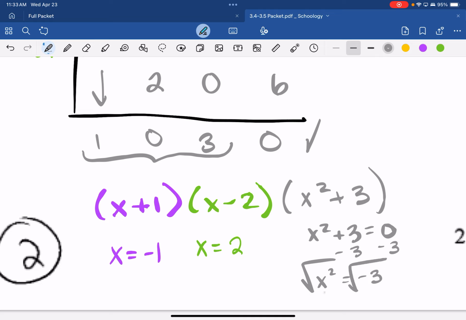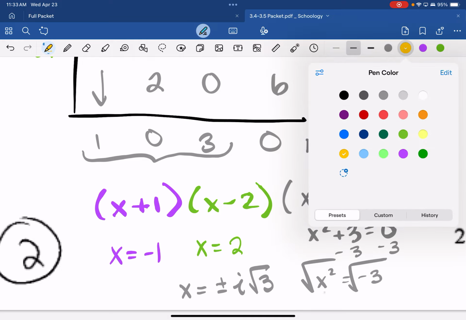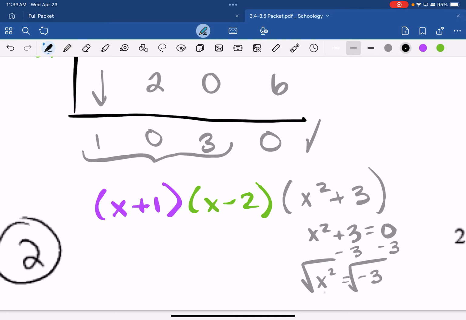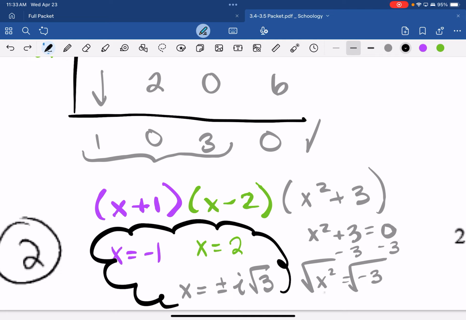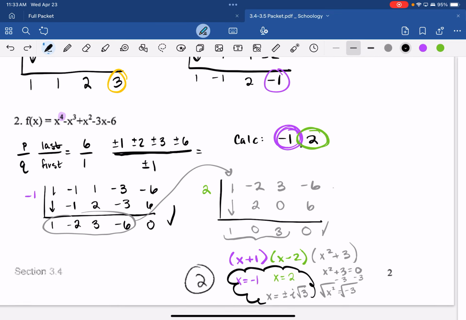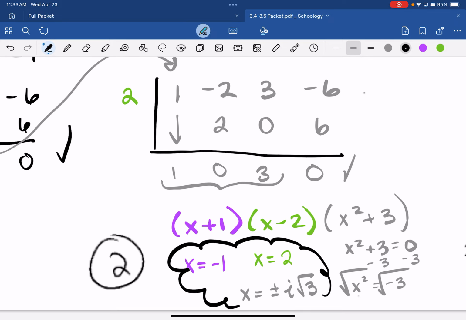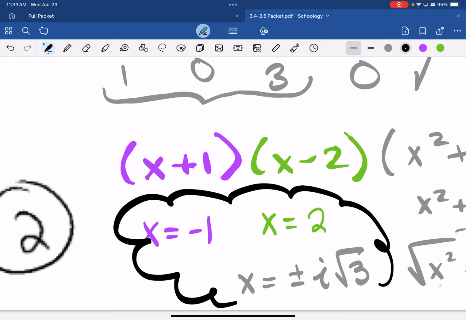So my last 0 here is x equals plus or minus i square root of 3. Okay? And that makes sense, right? Because at the very beginning of my problem, we said we needed how many zeros? What was my leading exponent? Yeah, 4. Okay? So I needed 4. Okay, so there's 4 total.